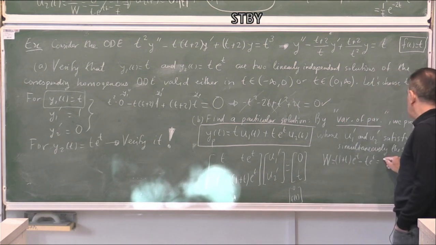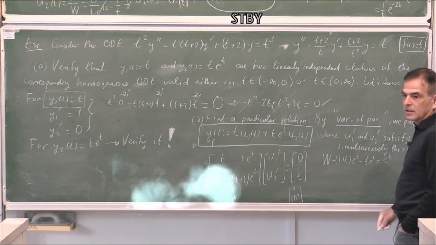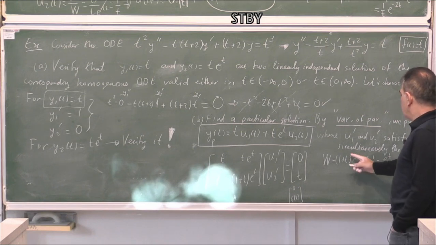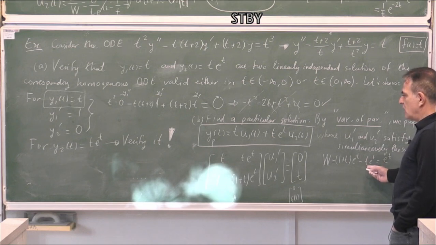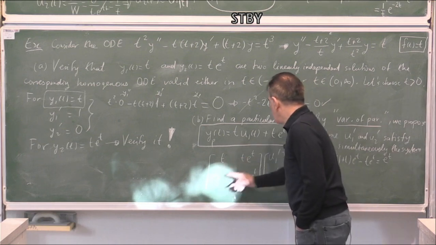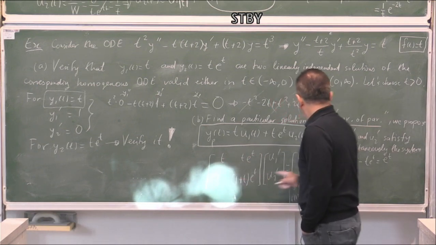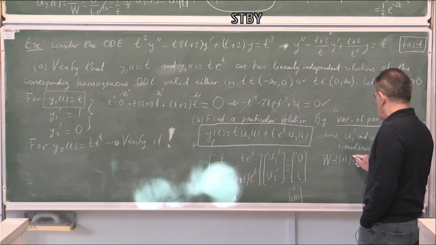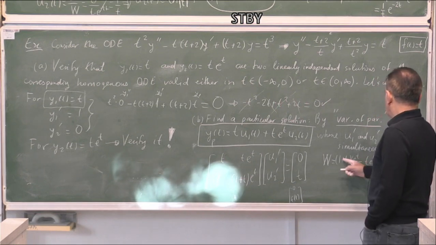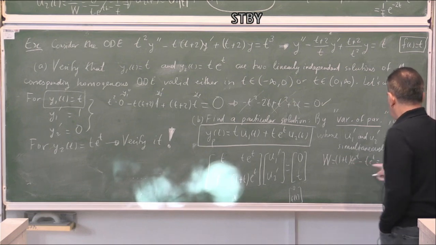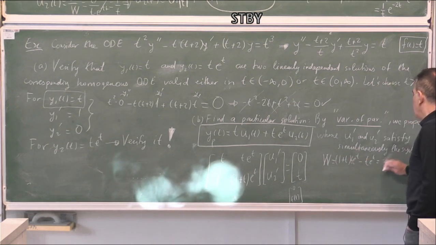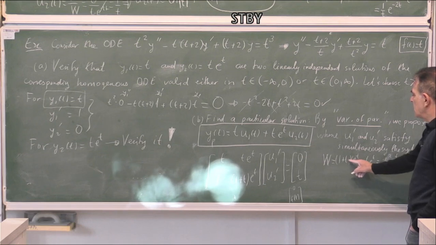So the t e to power t terms cancel each other out, isn't it? So we have remaining t squared e to power t.